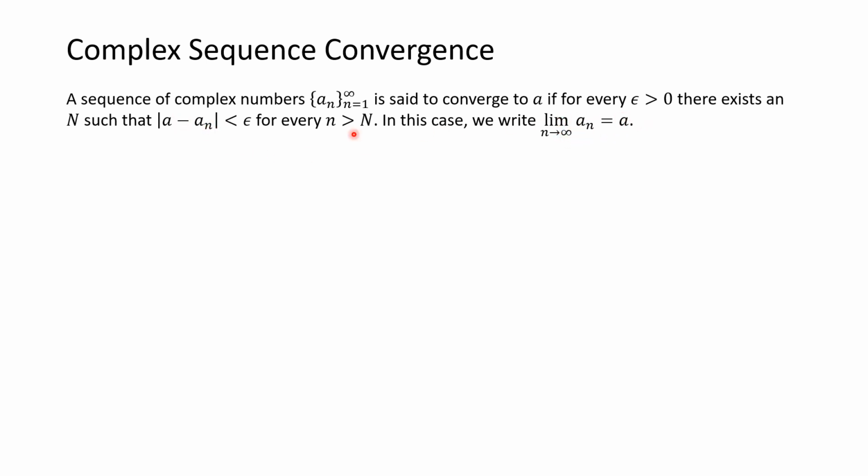The idea is that the a and your a sub n get closer and closer as n gets bigger and bigger. And you can make these two as close as you like by selecting your epsilon.